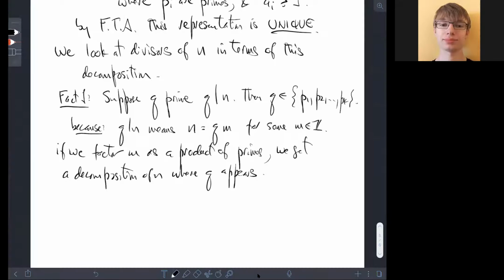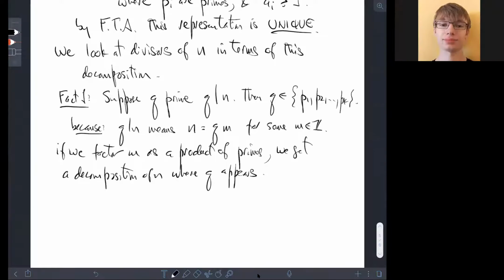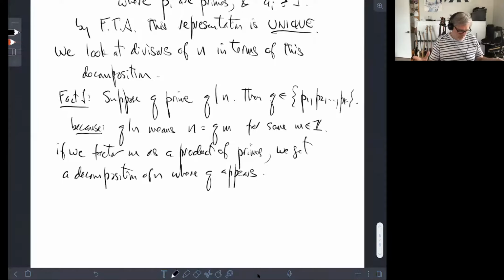Okay, so you agree that if Q divides n, then n is equal to Q times some integer, right? So by the fundamental theorem of arithmetic, m can be factored as a product of primes. I don't want to write it out because it's going to get too heavy. So now I've got n equals Q times a bunch of primes.